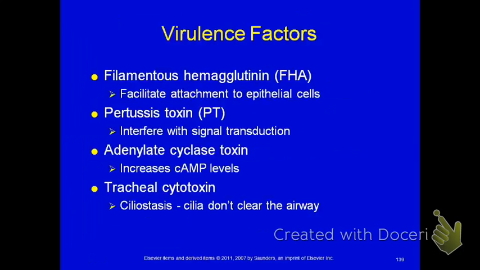Moreover, we still have the filamentous hemagglutinin. This one will facilitate the attachment of Bordetella to the cilia. The pertussis toxin would be another virulence factor, aside from the ones that were mentioned in the previous slide.